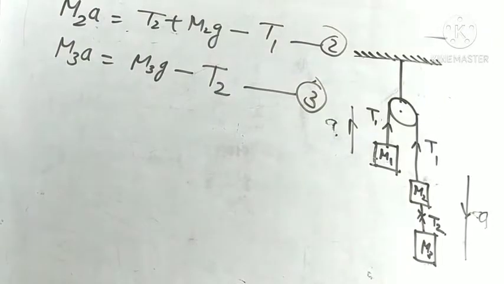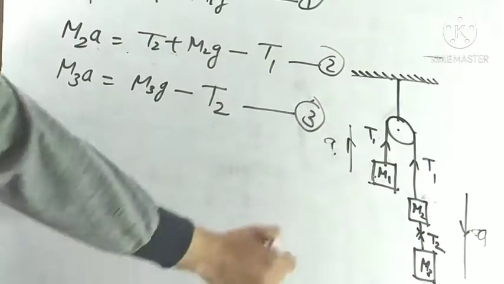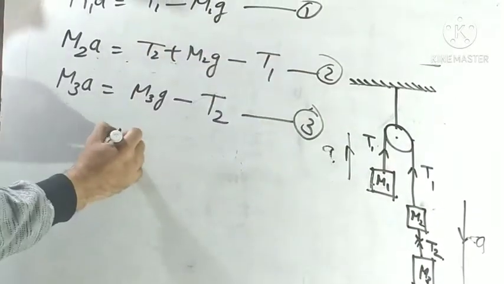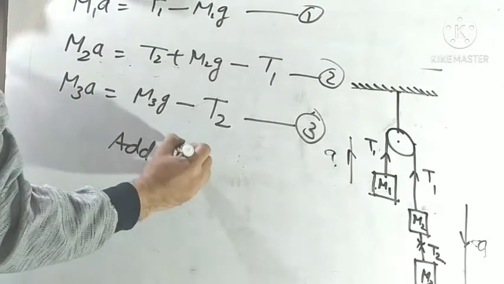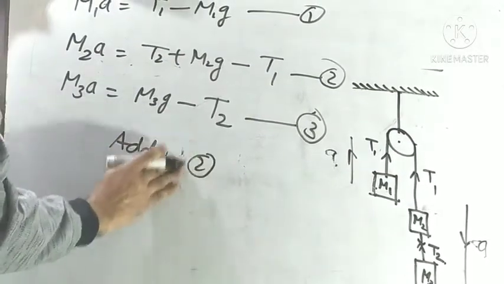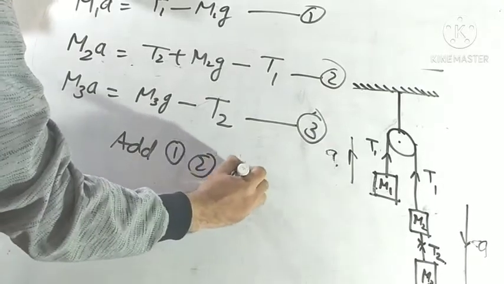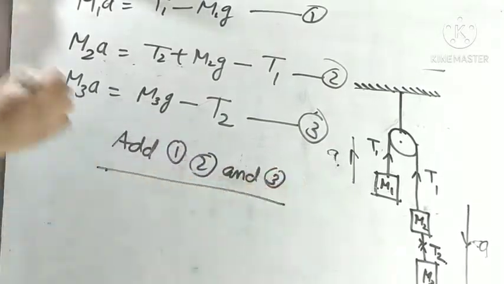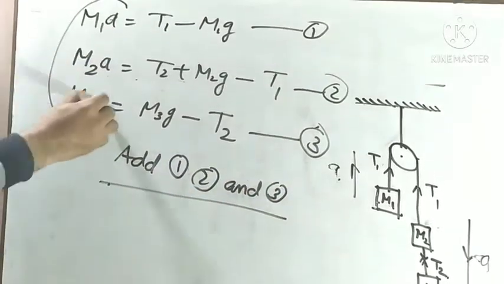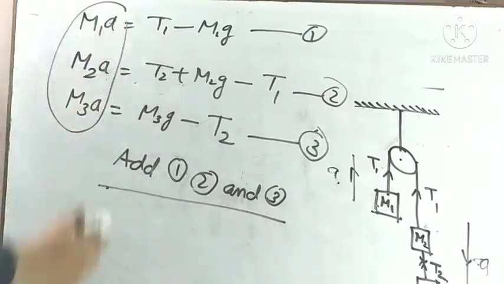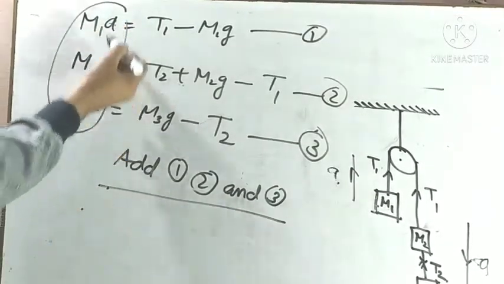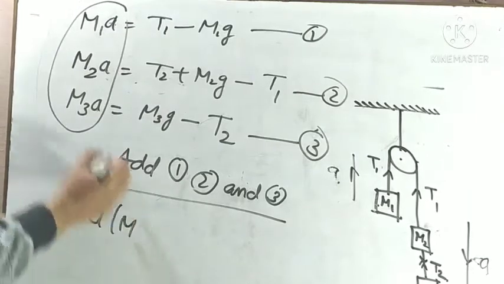Now firstly we have to find the acceleration. So what we do here is add all these 3 equations, 1, 2 and 3. Firstly we add all the left hand side terms. There are 3 terms here, and we take A common. What is left inside this bracket?